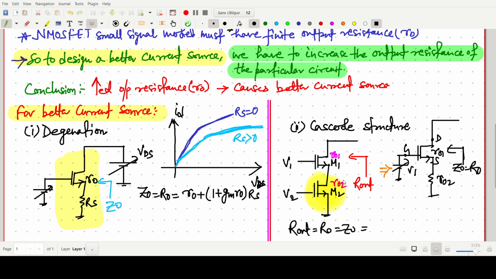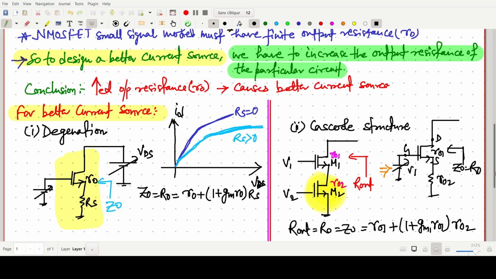This R naught 2 acts as a resistance. First of all, we write R naught 1, so here we write R naught 1 plus (1 plus gm1 R naught 1) into RS, very similar to the previous one, where RS is R naught 2.